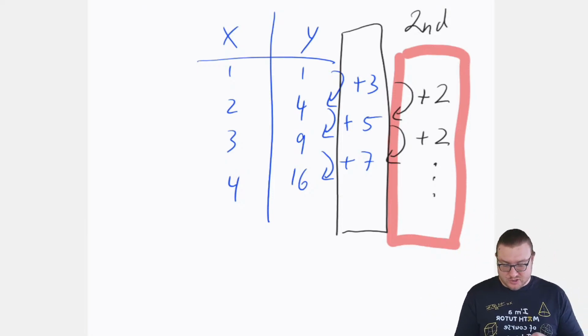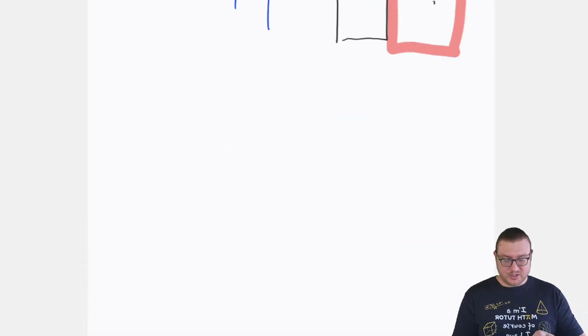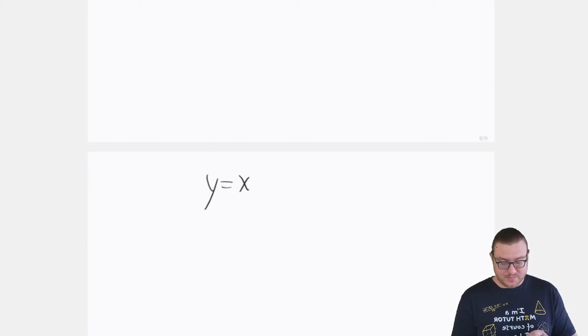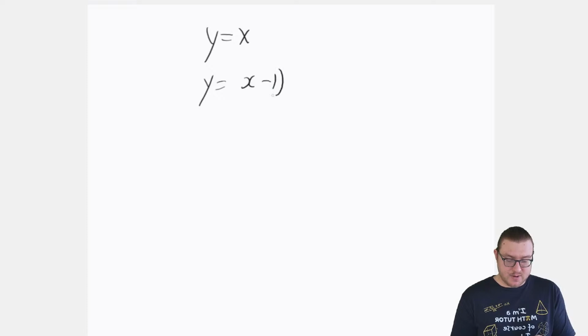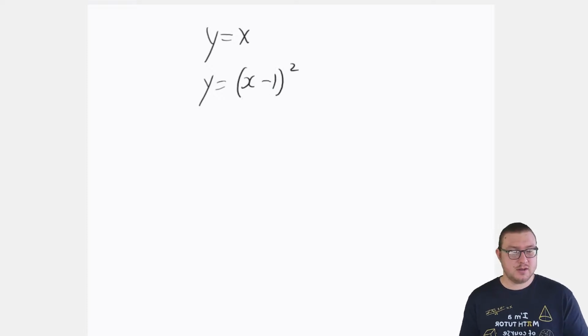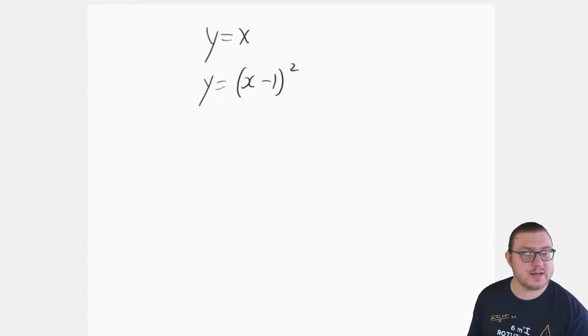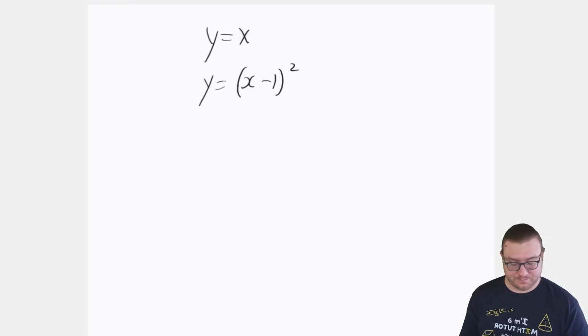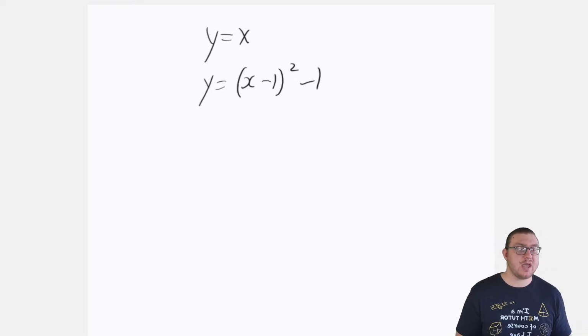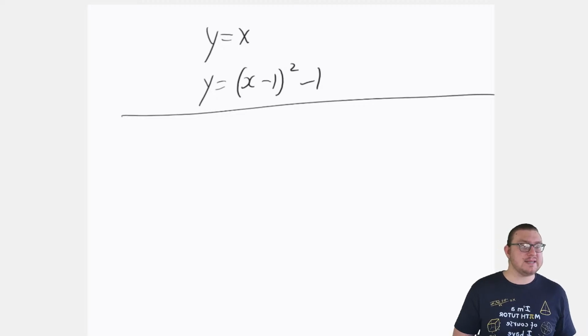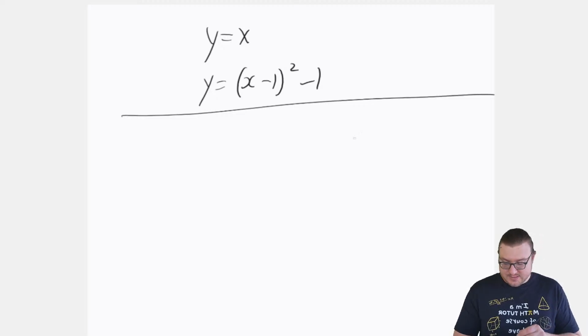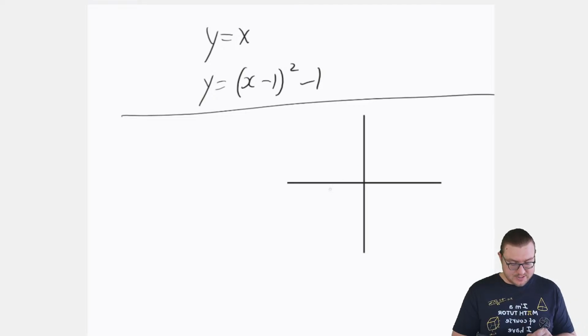So the two equations that we have here are y is equal to x, and also y is equal to (x minus 1) squared, minus 1. So if we have an intersection point, that means our two graphs cross over at a certain point.